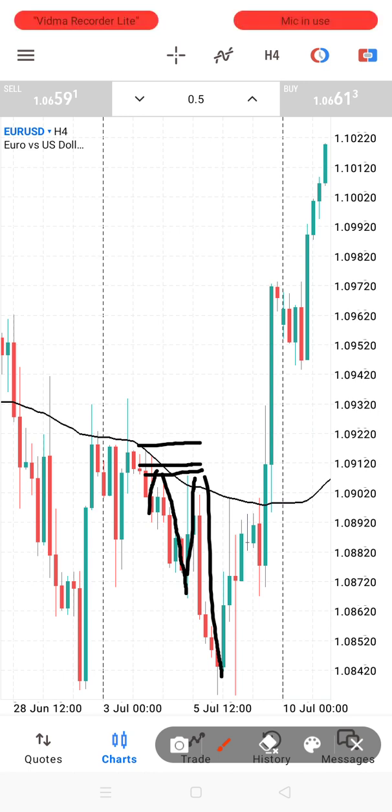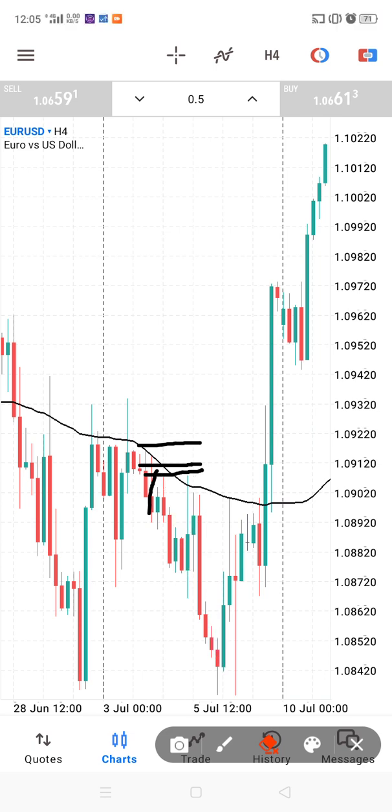This strategy gives you an edge and makes you able to take advantage of those areas and the market maker accumulation zones. Okay, let's continue. I'm gonna try to find some more examples for you.